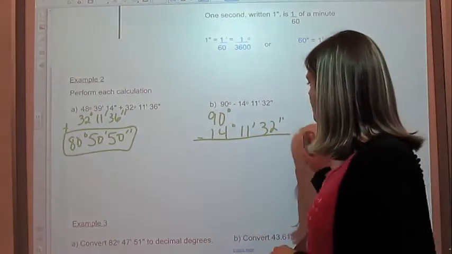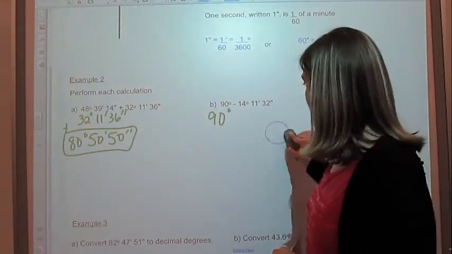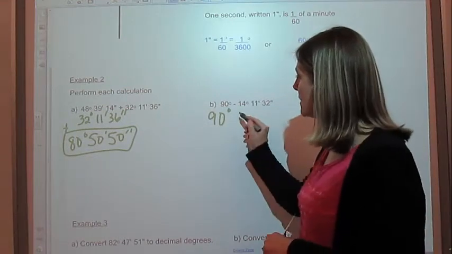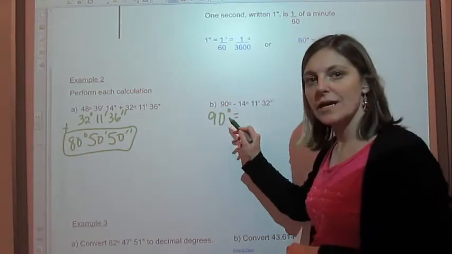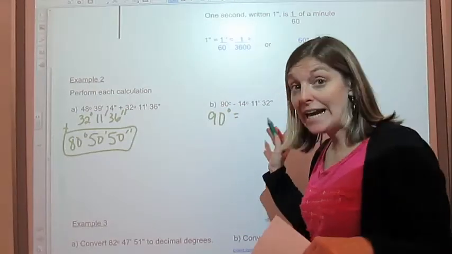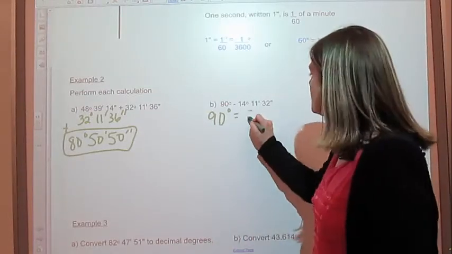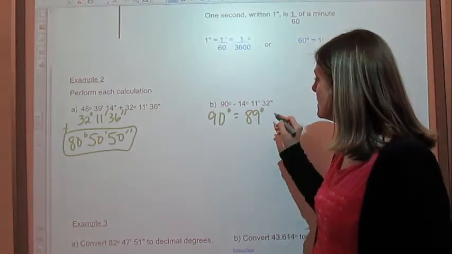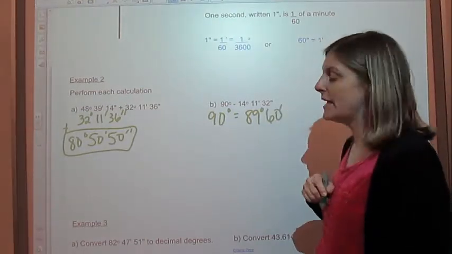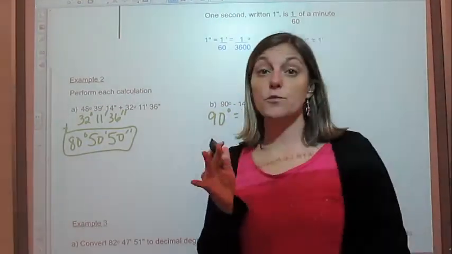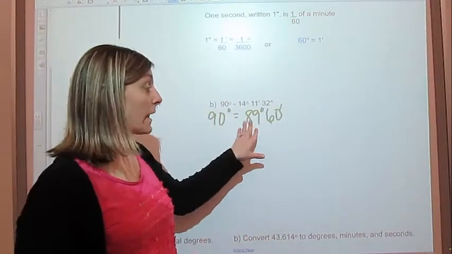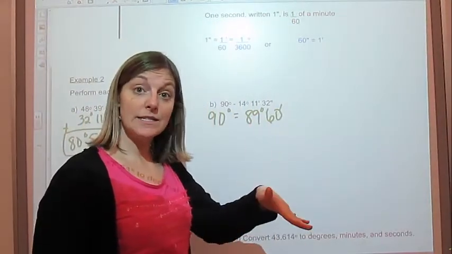So let's do this. Let's take this away, and we know that we can convert 90 degrees into 89 degrees and 60 minutes. Because remember, 1 whole degree is equal to 60 minutes.